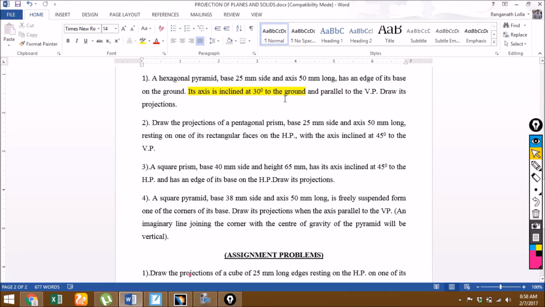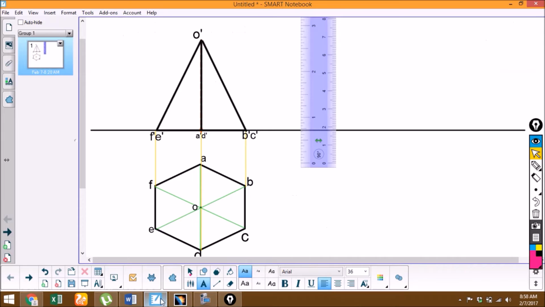Now the axis is inclined 30 degrees to the ground and it is parallel to VP. So now we need to change the position of the axis, in the front view only.